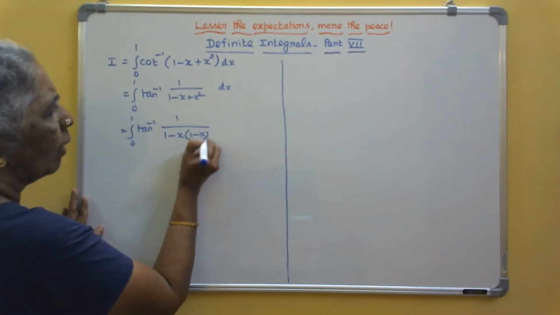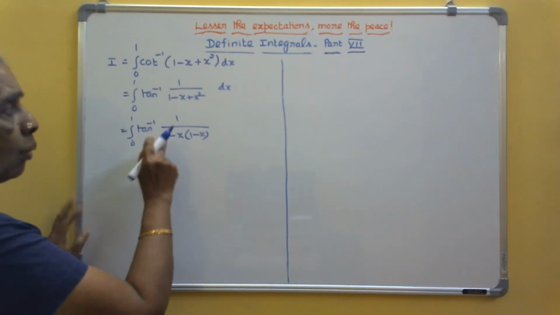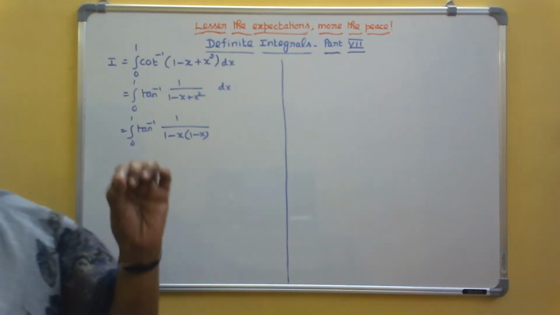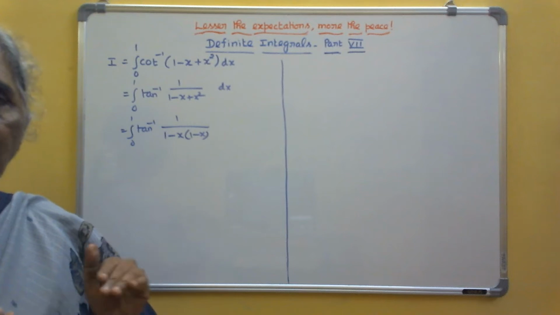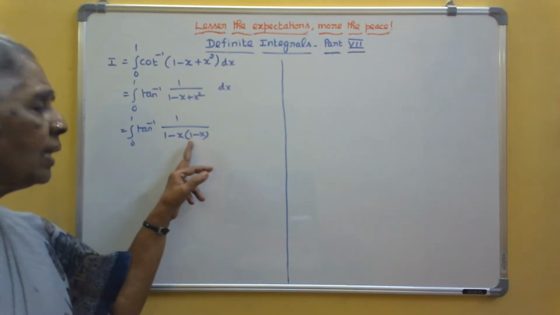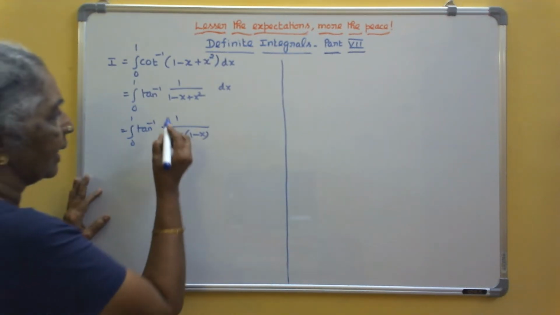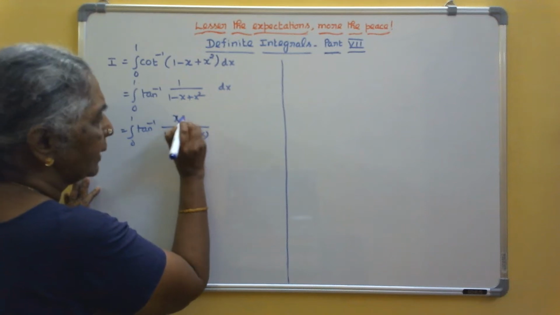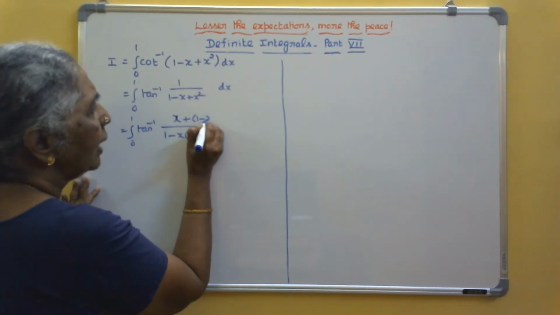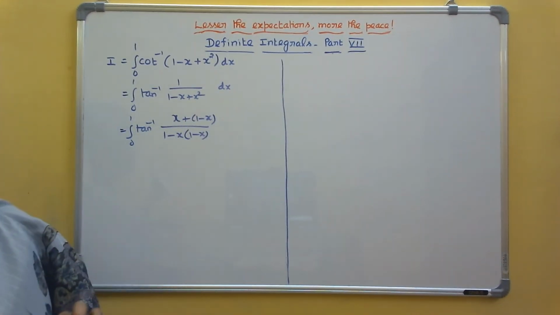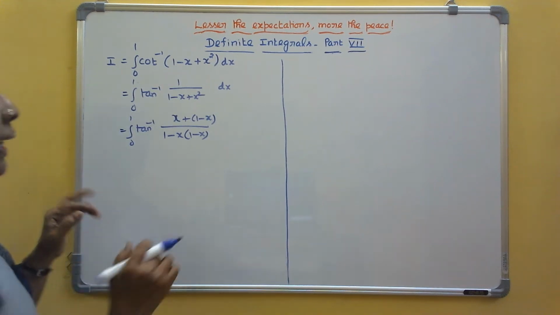In the numerator I have 1, which I will write as x plus 1 minus x. The plus x and minus x get cut and you get the 1.